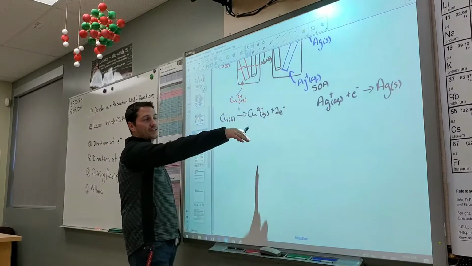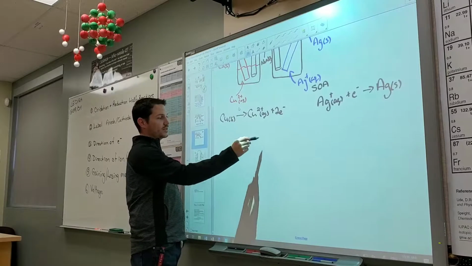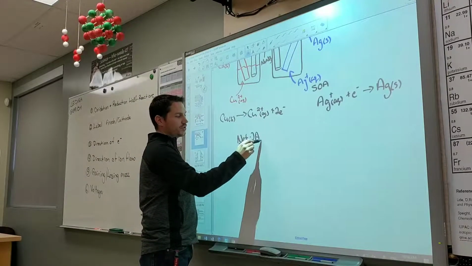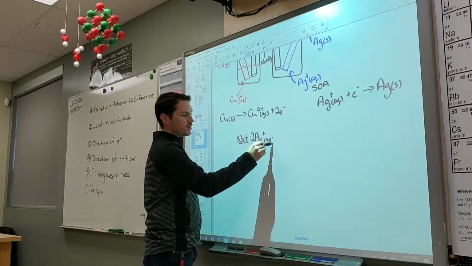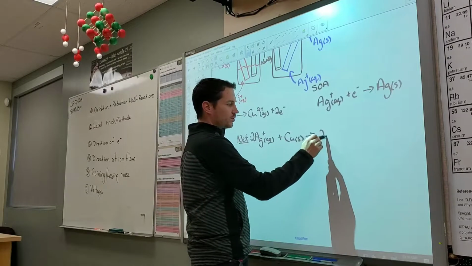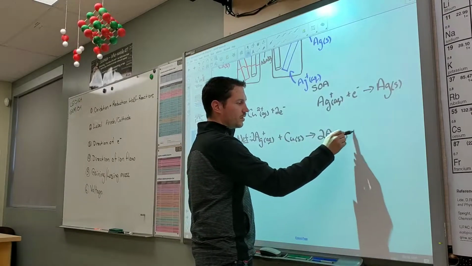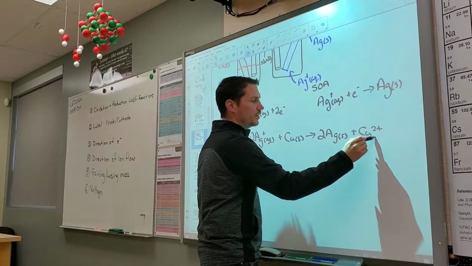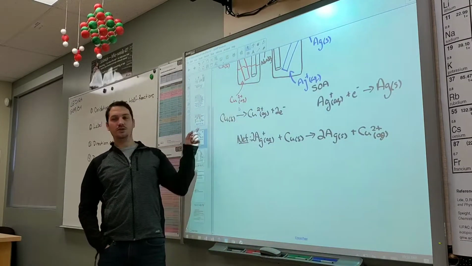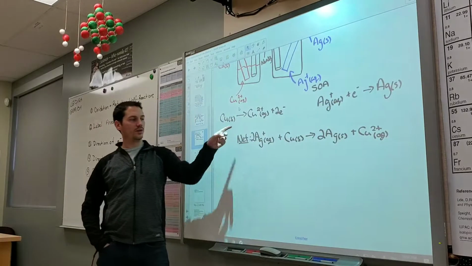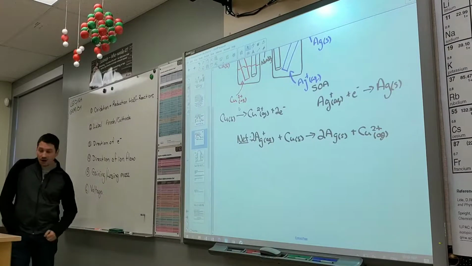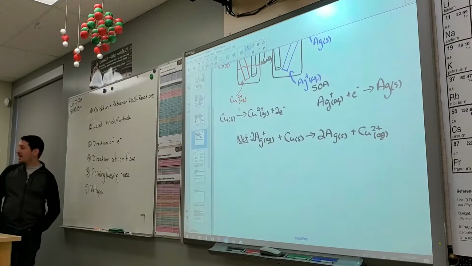So when I add this up with 2 of those, I'm going to get a net reaction of 2Ag+ reacts with copper solid to make 2Ag solid plus a Cu2+ ion. That's all we did. We just said you need 2 of these for every 1 of those so we can get our net reaction.